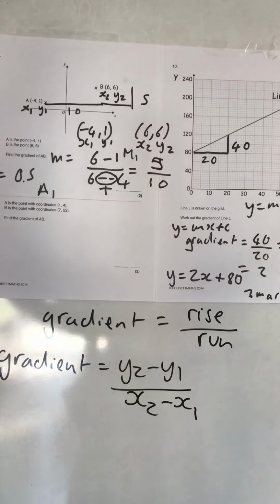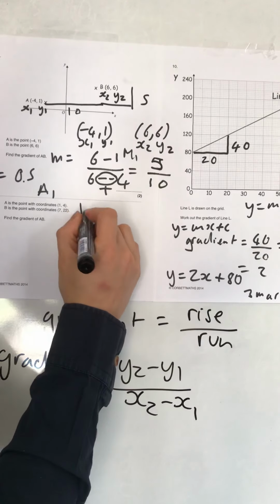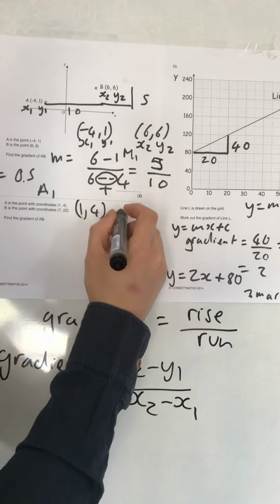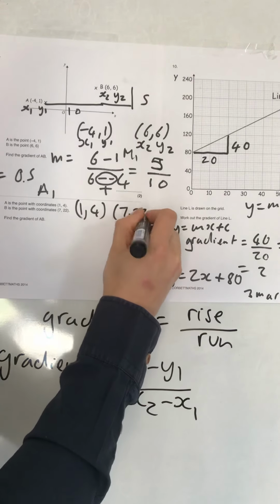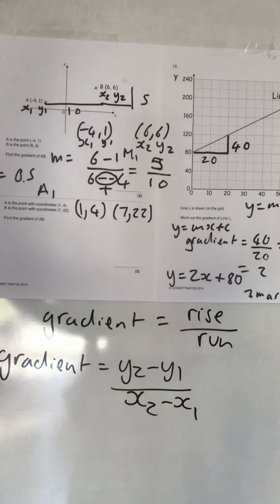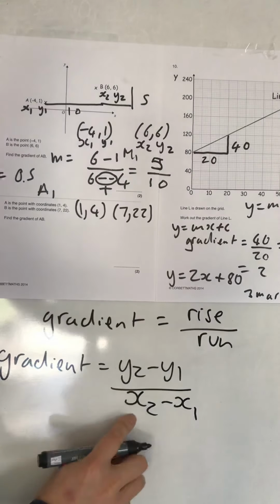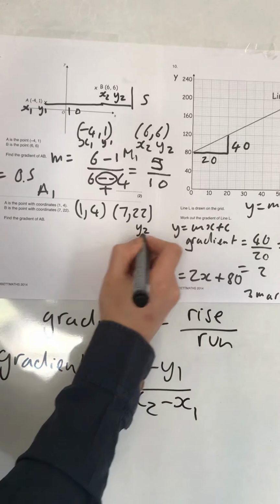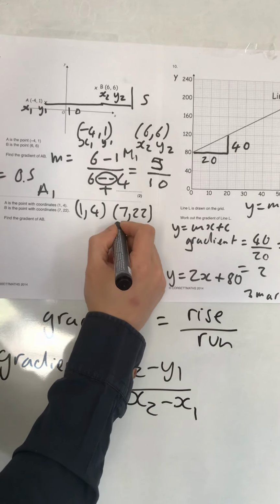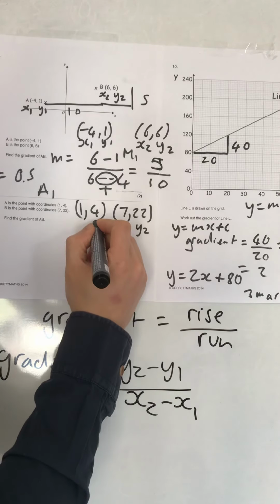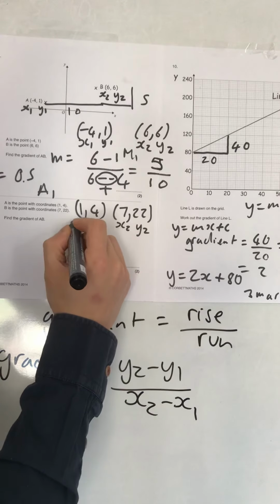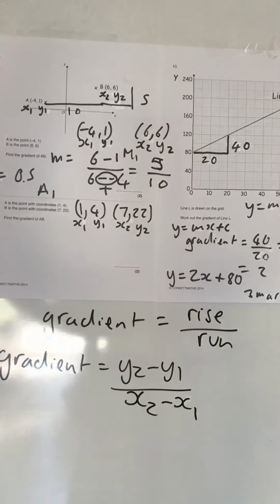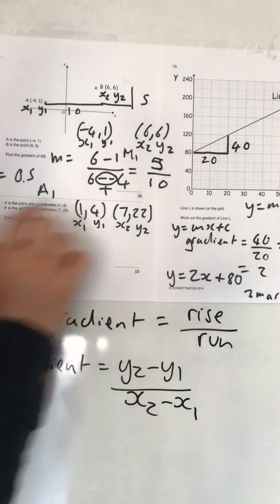So a more challenging example would be finding the gradient between these points. Using this formula here, we've got y2, x2, y1 is this one, x1. x1 stands for the first x coordinate, y1 the first y coordinate.